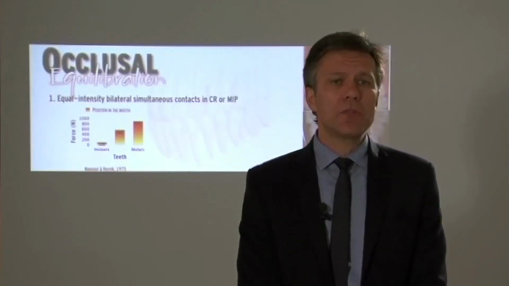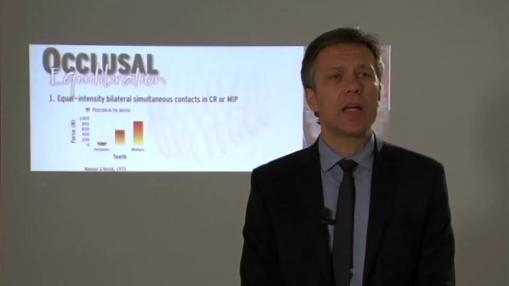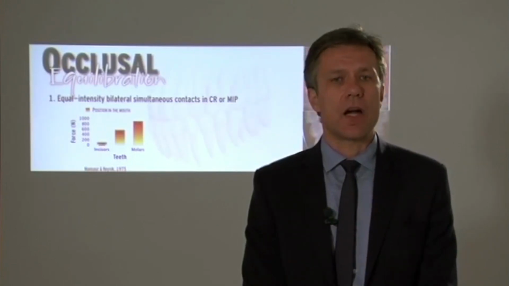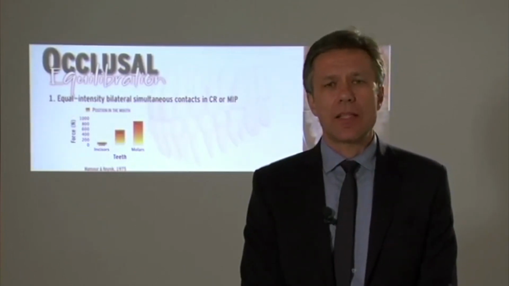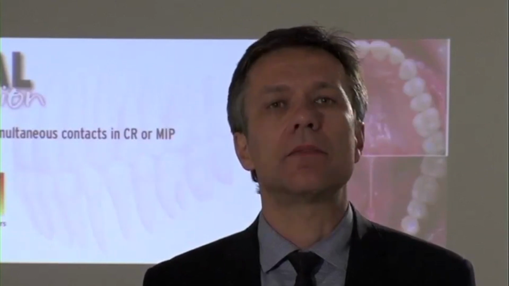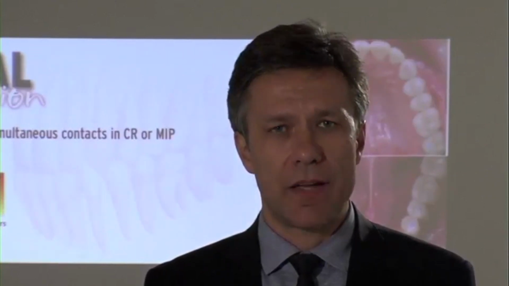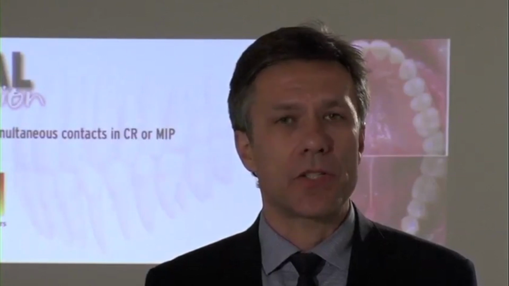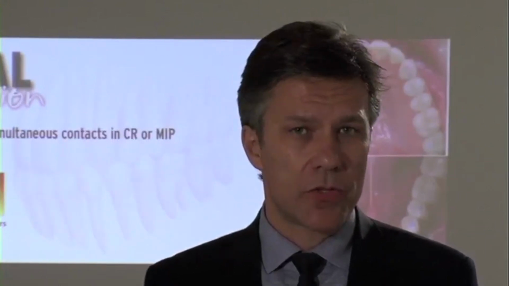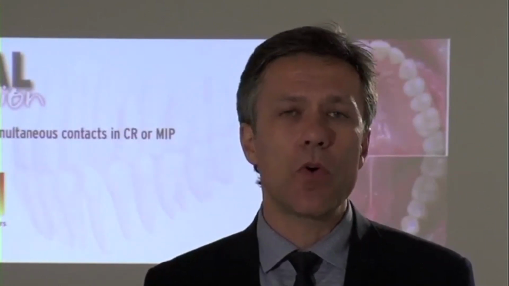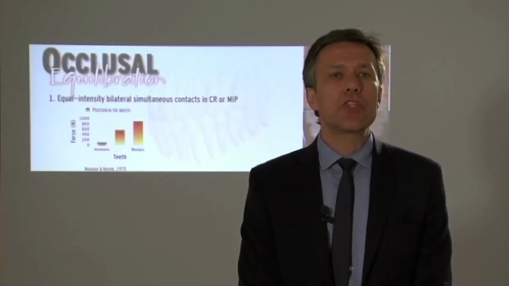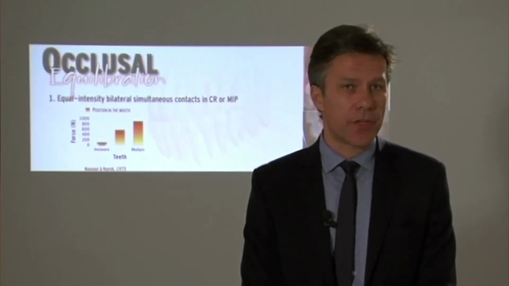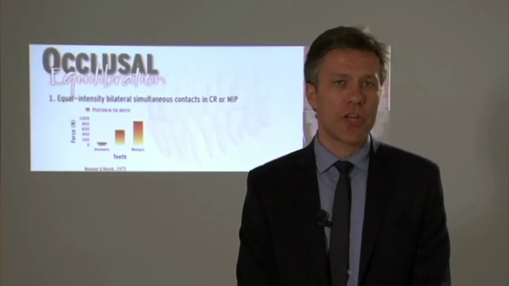But why should we adjust the patient in CR with equal bilateral simultaneous contacts? It's good for the articulation, because we have a nice direction of force, and always for the restorations, because if you work with these bilateral simultaneous contacts, you share the load between all the posteriors. From canine to posterior, you share the load.